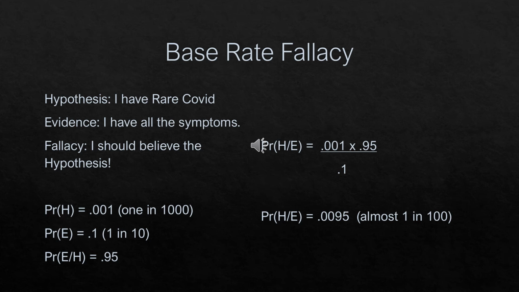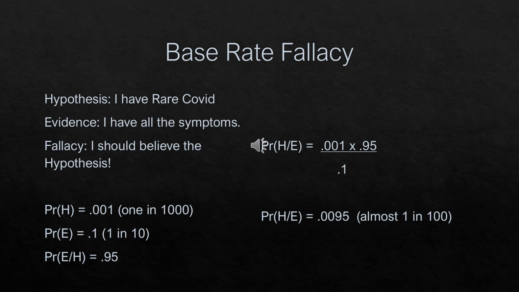And then that number is going to be divided by the probability of the evidence itself, where the evidence itself is just the probability that I'm going to have all these symptoms, which is just 1 in 10. Well, guess what? When you do this calculation, the probability of the hypothesis given the evidence is very low.